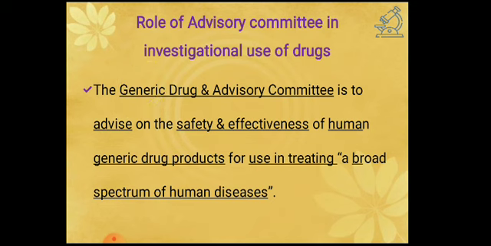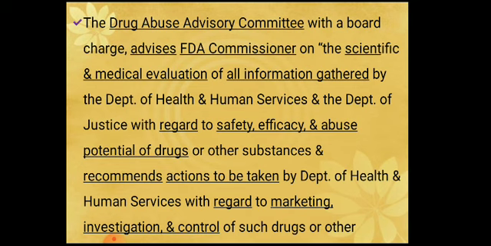So this committee advises about safety and effectiveness, how they should be done, importantly for generic drug products. The next one is the Drug Abuse Advisory Committee, with a person called the board in charge.